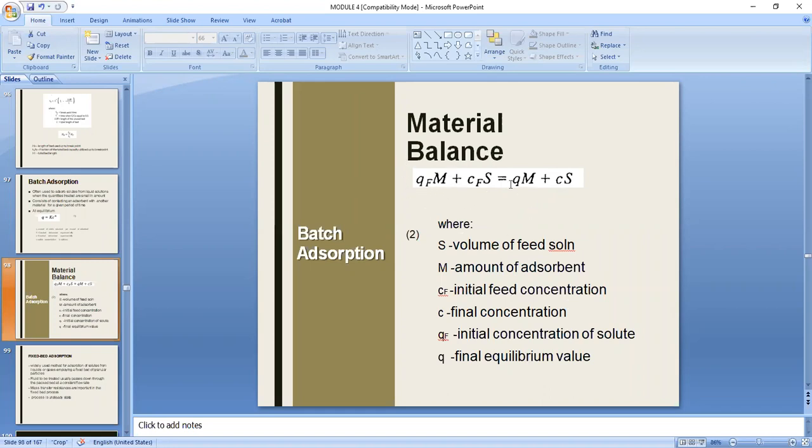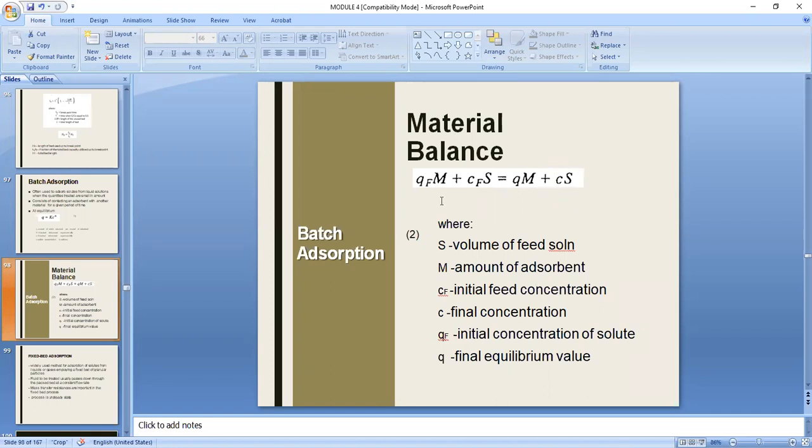Okay, and then on the other side, you have still M, the amount of adsorbent, but this time it's multiplied by the final equilibrium value, because the Q sub F is the initial. The final equilibrium value times the amount of adsorbent, plus the final concentration times the volume of the feed solution.